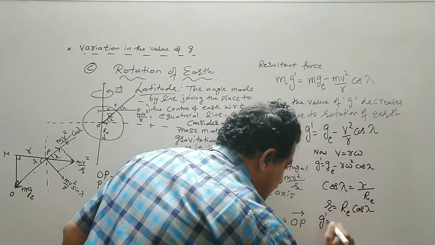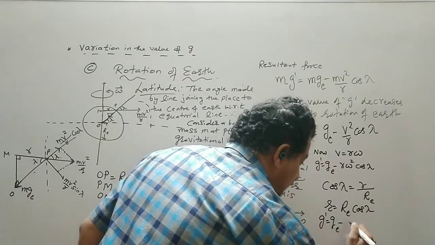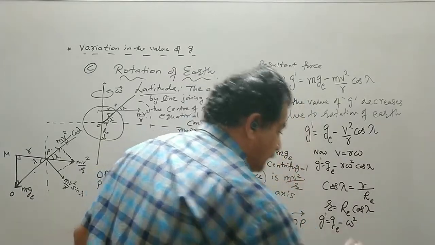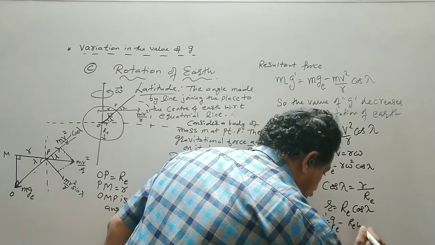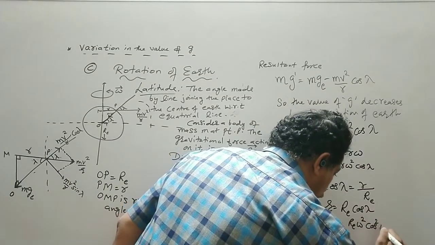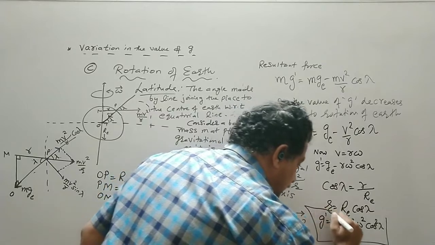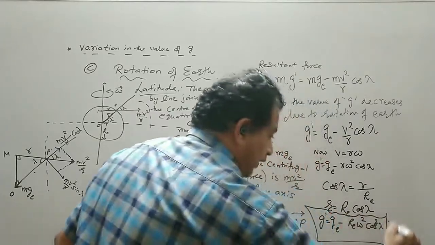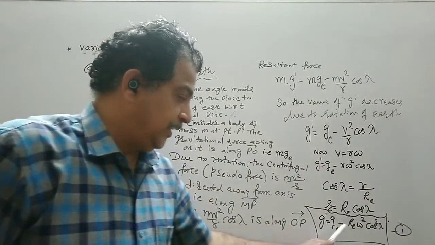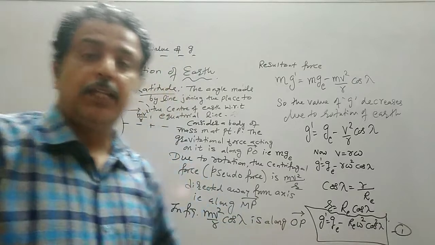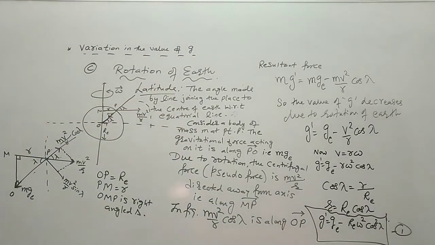So g dash is equal to g_e minus omega square, or you can write R_E omega square cos square lambda. So this is our final derivation, that the value of g becomes g_e minus R_E omega square cos square lambda.